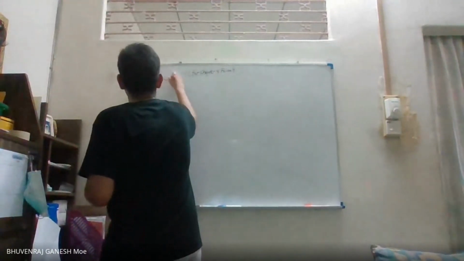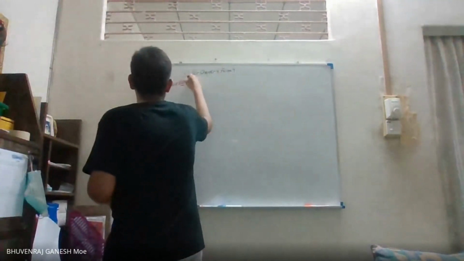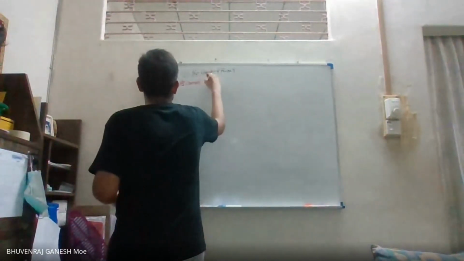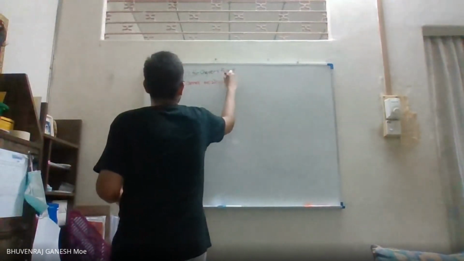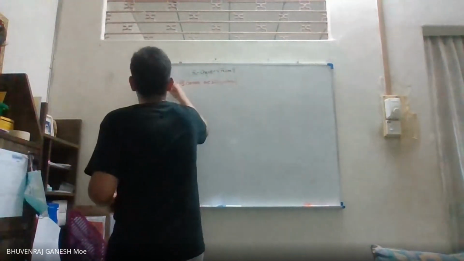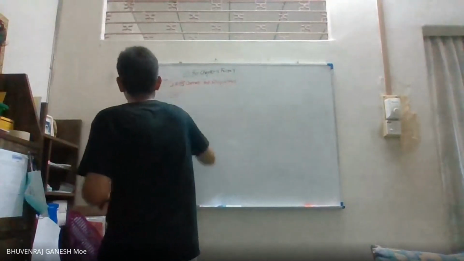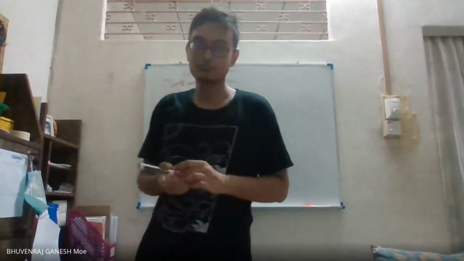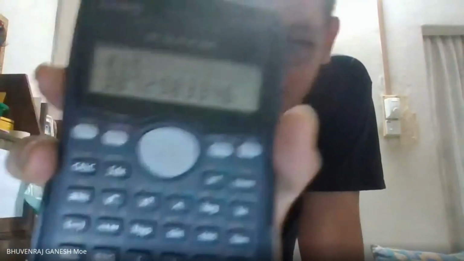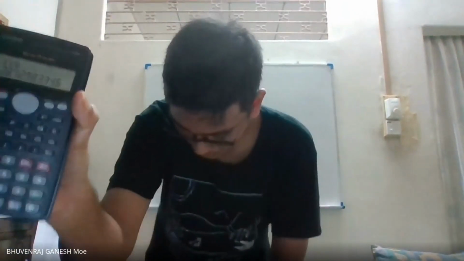Give yourself an example. The example is like surd 15. Can you simplify surd 15? Definitely cannot. So you type surd 15, you will get something like this. See how many decimals it has in the calculator. It will come out like this.